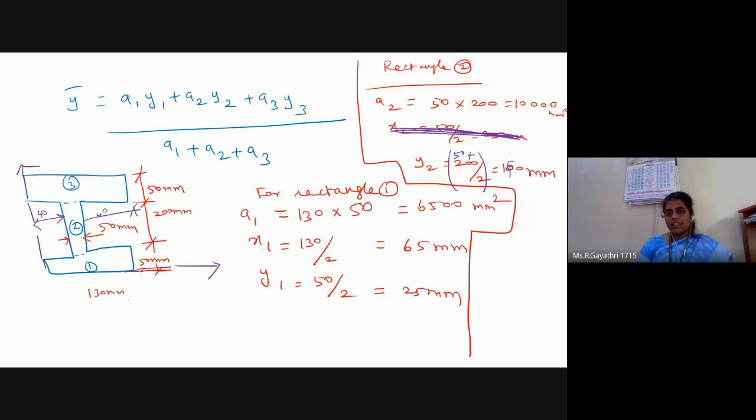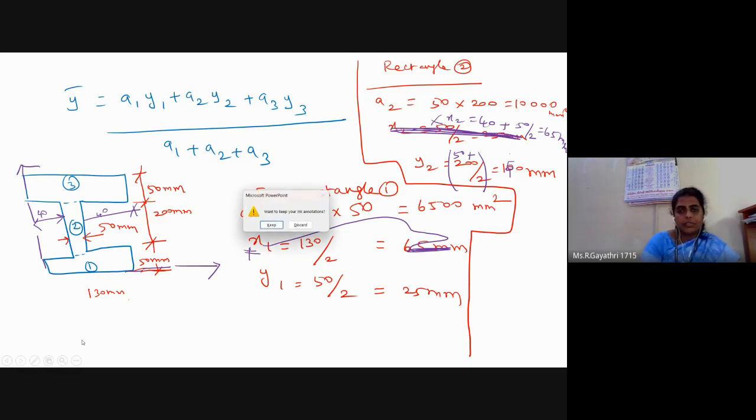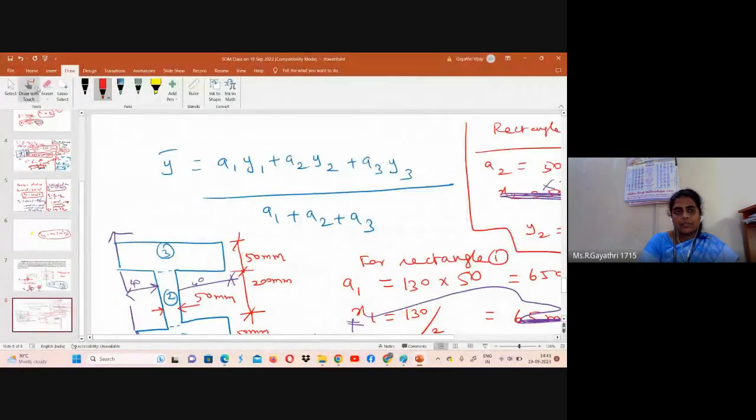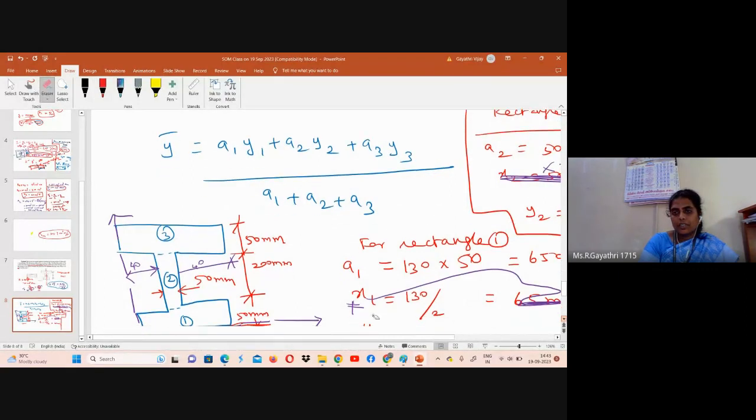So X2 will be 40 plus 50 by 2, 40 plus 25, 65 mm. For this calculation, X2 and X1 are not needed. So you can skip. You can ignore X1, X2.